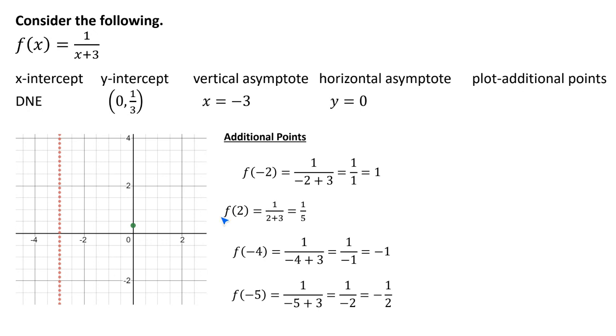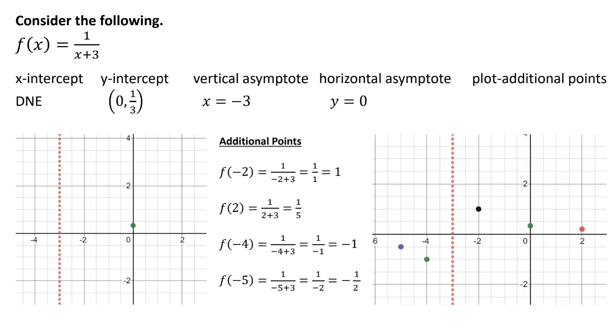Okay, and then I'm going to plot some more points. -4 is on the left side of the asymptote, and if we plug that in, we end up with -1, and -5, if we plug it in, we end up with -1/2. And so here are the points. This was for f of -2, and this is for f of 2, -4, and -5.